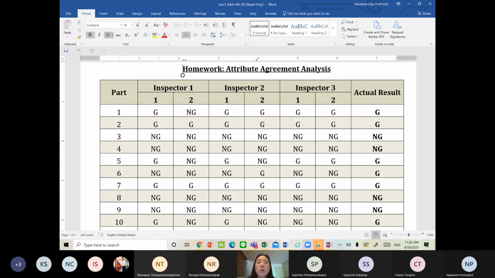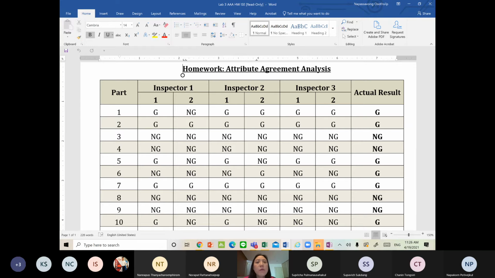So I want you to rethink about this and try to expand your idea about what can be the reason for false alarm error and what can be the reason for miss error. Based on this homework, it's possible that different operators have different problems. For example, inspector 1 may have a problem with false alarm and no problem with miss, but the second inspector may have a problem with miss but not false alarm.